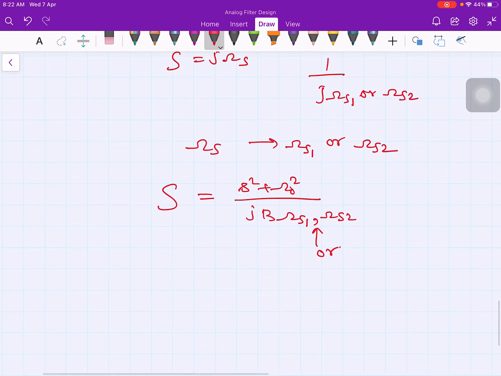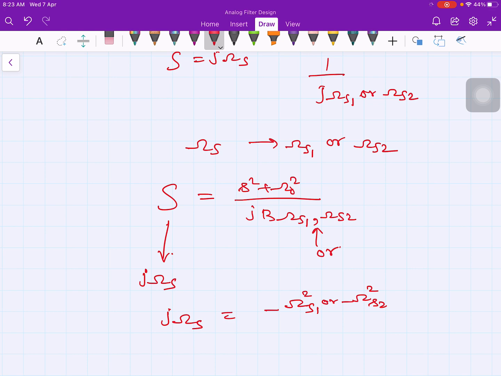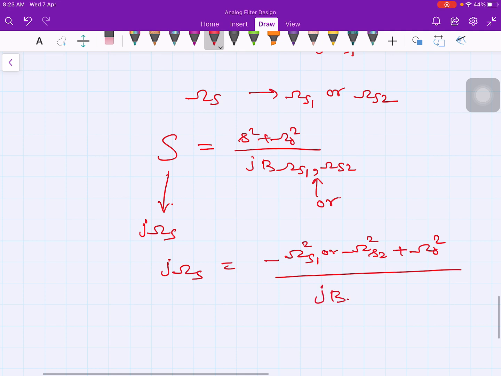So the stop band edge of the normalized low pass filter will correspond to j omega s on the left hand side, therefore j omega s is equal to minus omega s1 square or minus omega s2 squared plus omega naught square divided by jb omega s1 or jb omega s2.